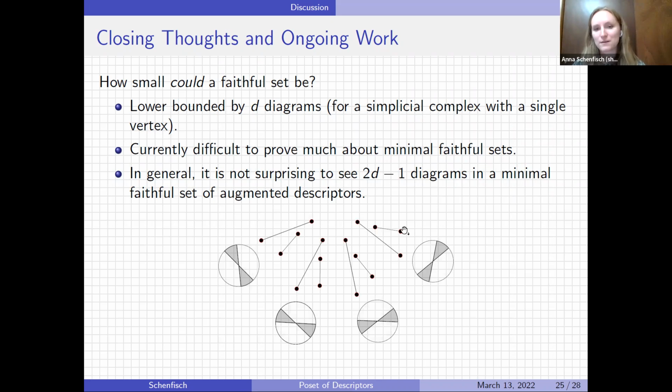And then we eventually found this counterexample. If you look at, say, augmented persistence diagrams, a faithful set actually requires a number that depends on the number of vertices. So you can extend this pattern out and require more and more augmented persistence diagrams. That's an interesting thing that I'd like to understand better.